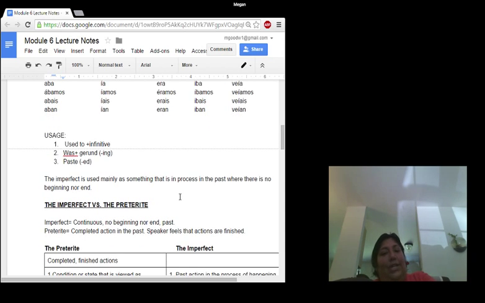Another translation of the imperfect would be was plus the gerund, which would be like I was eating, comía. And the other usage is just the simple past, which is our ed example, like I ate, or I spoke, or I heated up the cheese.